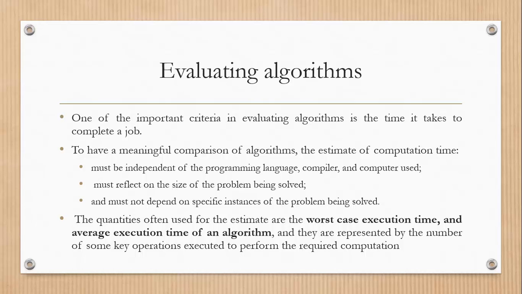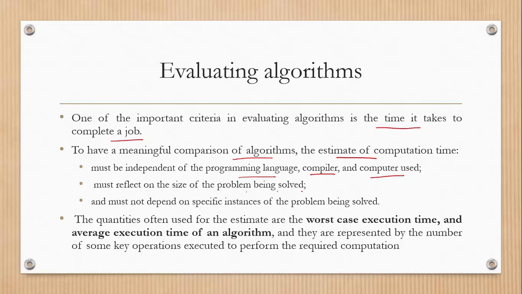The most important criterion in evaluating an algorithm is the time it takes to complete that task. To do a meaningful comparison of algorithms, we estimate the computation time. That estimation must be independent of the programming language, compiler and the computer. It must reflect the size of the problem being solved, and it must not depend on specific instances of the problem being solved.